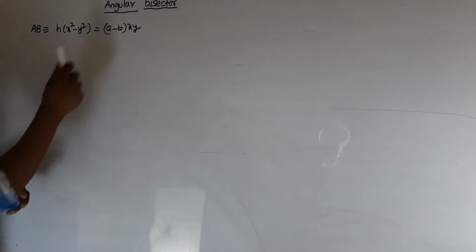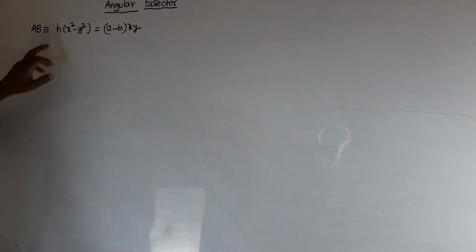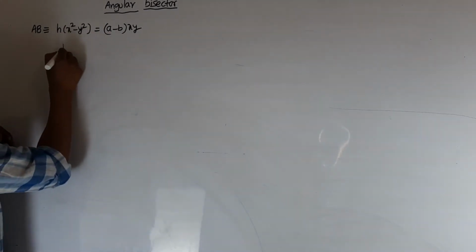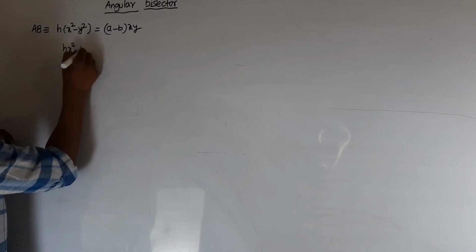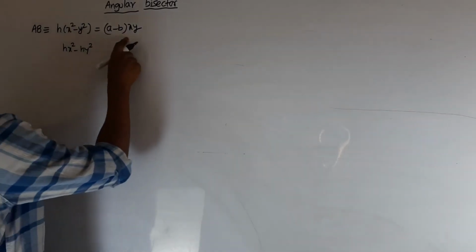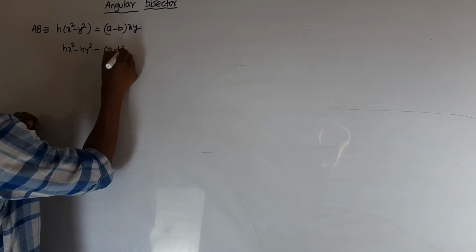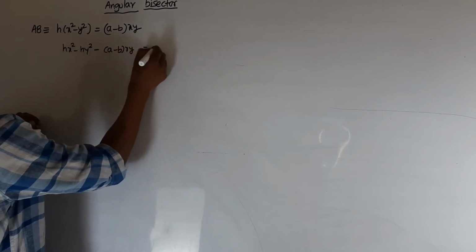Angle bisector: h times of x square minus y square equal to a minus b into xy. Now hx square minus hy square, this one will take left hand side, minus of a minus b into xy equal to 0.